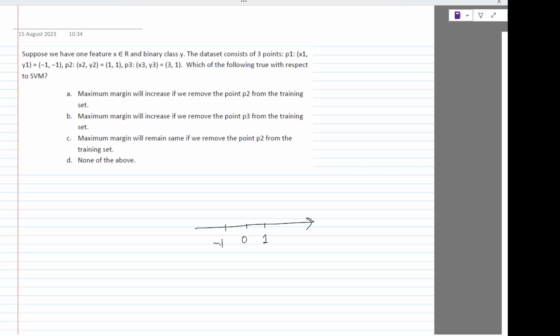So I have the first point -1 here, belongs to -1 class. One point here, +1 class, and this also +1 class. Okay, P1, P2, P3.